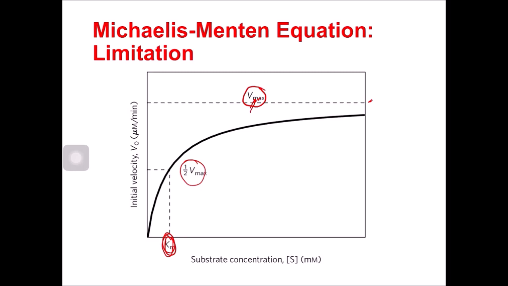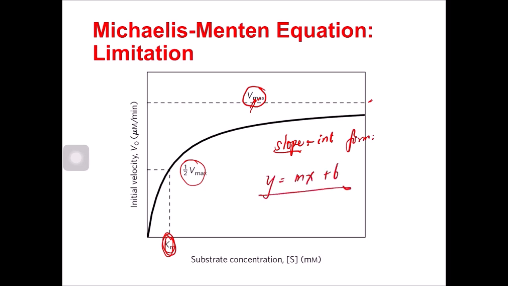Kaya, problem ito. So, to be able to address this issue, we have to convert this graph into a linear graph. And to be able to make it happen, we have to apply the principle of slope-intercept form. In algebra, remember that the slope-intercept form or equation is like this: y is equal to mx plus b.